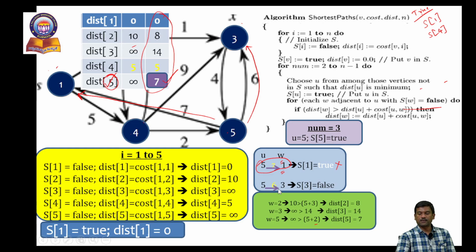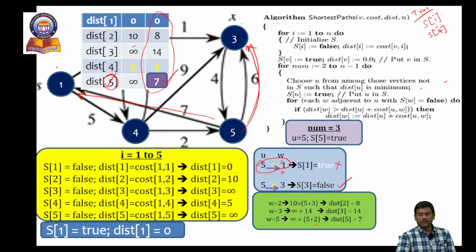So what is the next w value? That is 5 to 3. We can reach from 5 to 3 with the cost equal to 6, and you have to check whether S of w is equal to false or not. What is the w value? That is 3. S of w equal to false is the true condition, because so far 1 is true and similarly 4 is true.